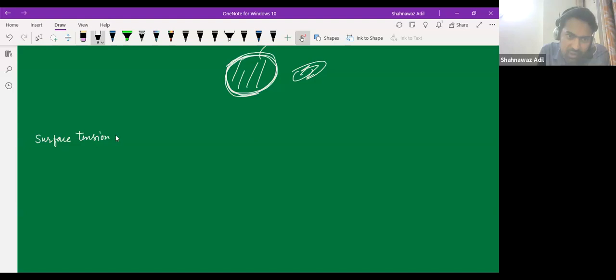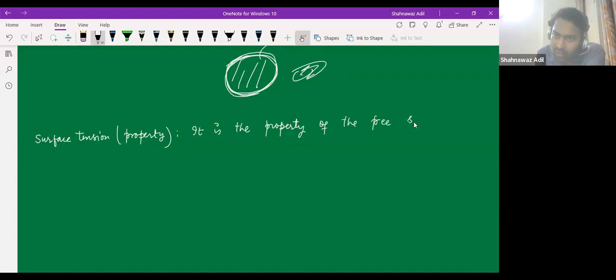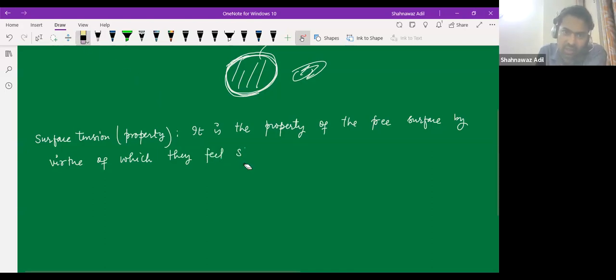Surface tension, right? Let me write it, I wrote it wrong. So it is the property of the free surface by virtue of which they behave like a stretched membrane.